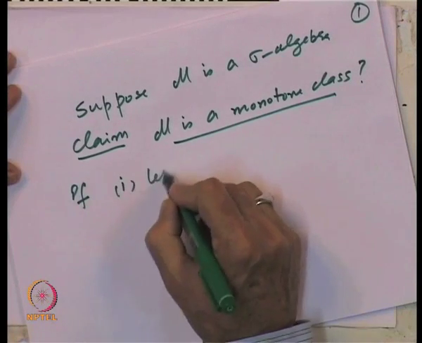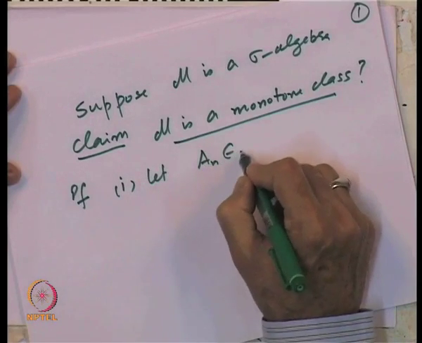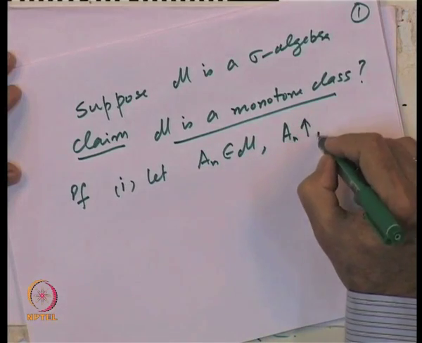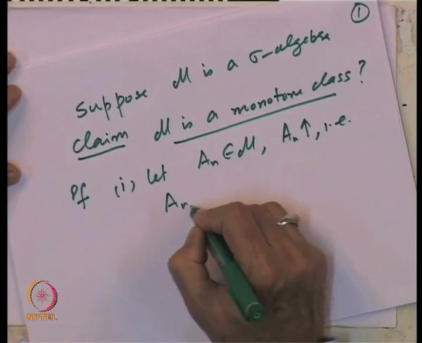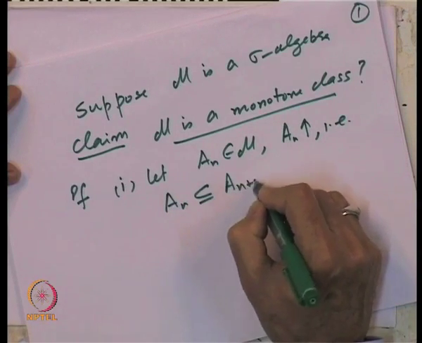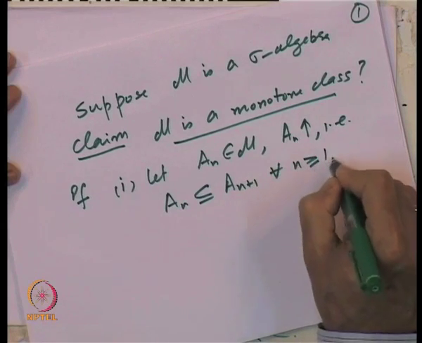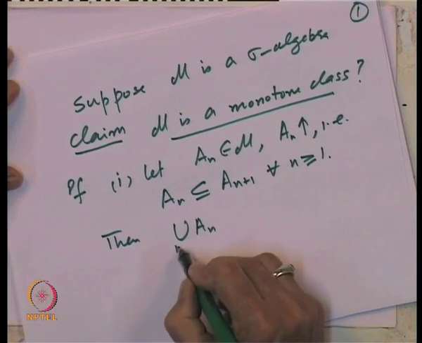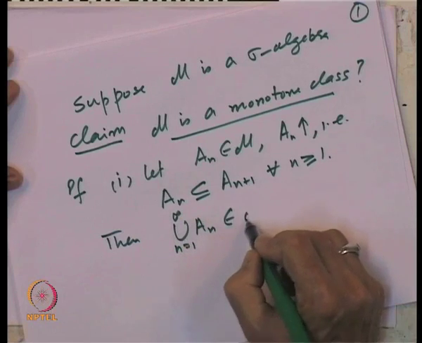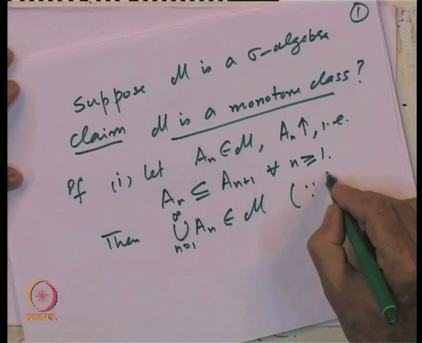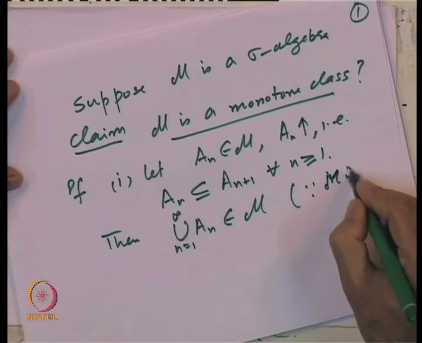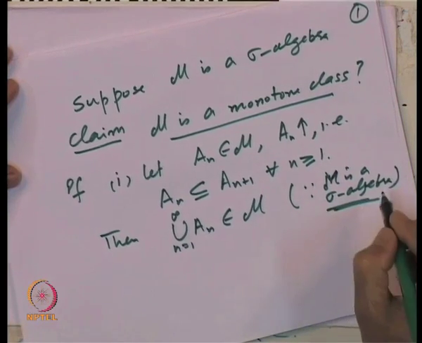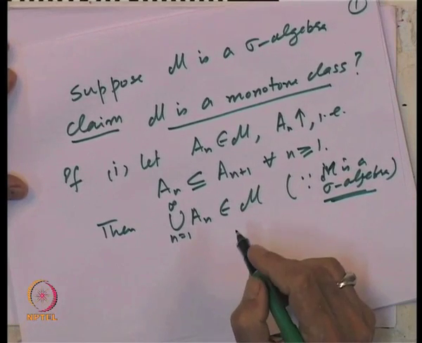One, let A n belong to M and the A n's increase. That is, A n is a subset of A n plus 1 for every n bigger than or equal to 1. Then the union of A n's, n equal to 1 to infinity, belongs to M, because M is a sigma algebra. Because it is a sigma algebra, it is closed under all countable unions and hence such unions also.